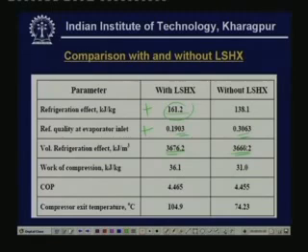So, why is volumic refrigeration effect remaining same even though specific refrigeration effect has increased? This is because the inlet condition to the compressor with liquid suction heat exchanger is in superheated region. So, once it goes into the superheated region, its specific volume increases. Okay, density reduces, so specific volume increases. So, the expression for volumic refrigeration effect, as you know, is nothing but the ratio of refrigeration effect divided by the specific volume.